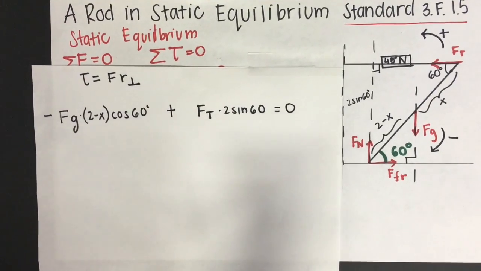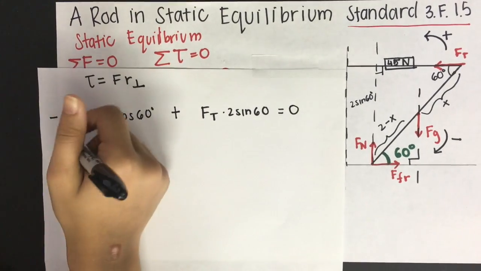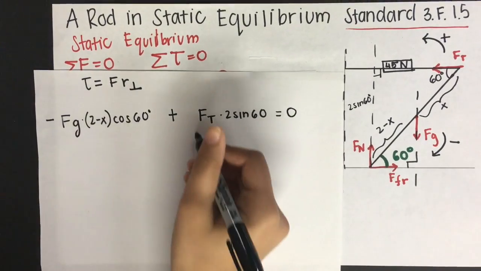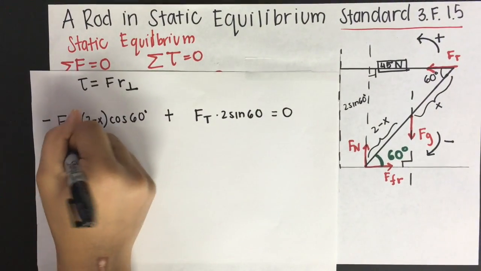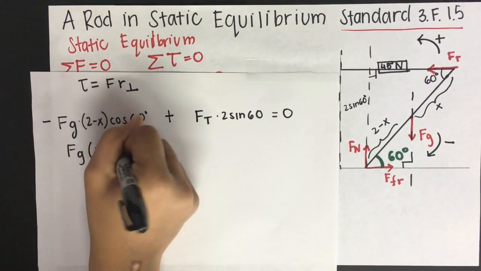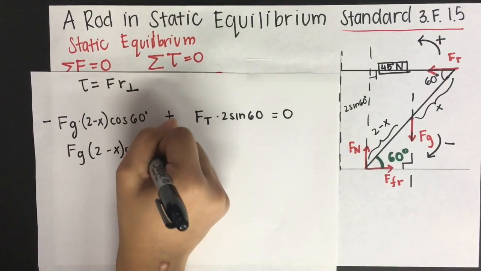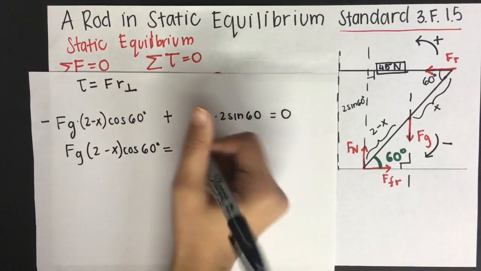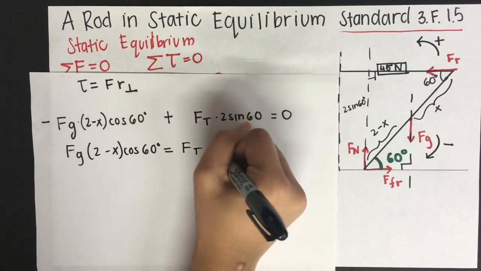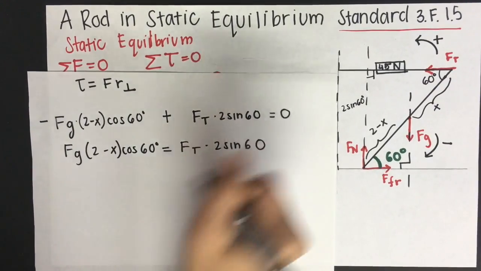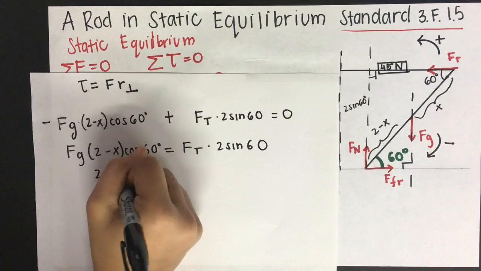Okay, now what we have to do is solve for x. In order to do that, we just subtract both sides by this. We have to isolate the x.